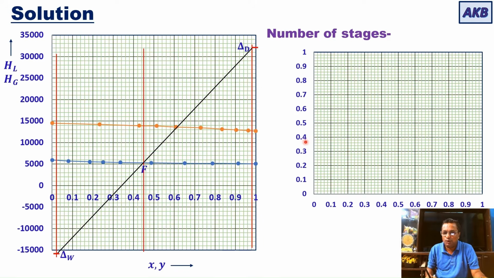For that, we will also need the distribution diagram. The distribution diagram, as you know, is a plot of x versus y, where small x is plotted on the x-axis and small y is plotted on the y-axis. Small x is the mole fraction of the more volatile component in the liquid phase, and y is the mole fraction of the more volatile component in the vapor phase. If you plot the equilibrium values, you get the equilibrium curve.